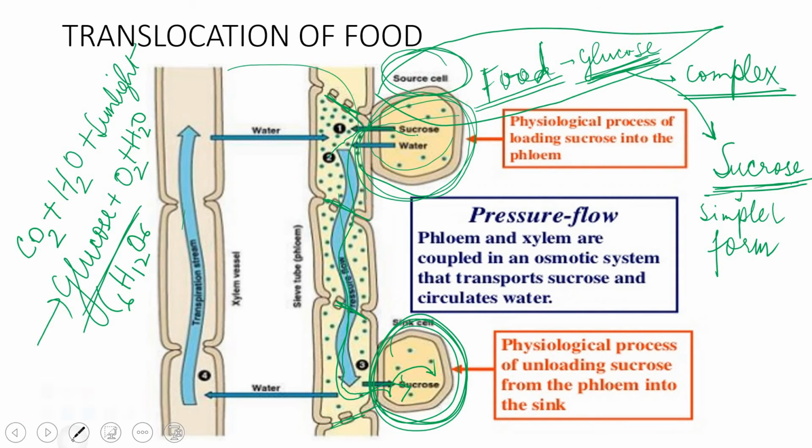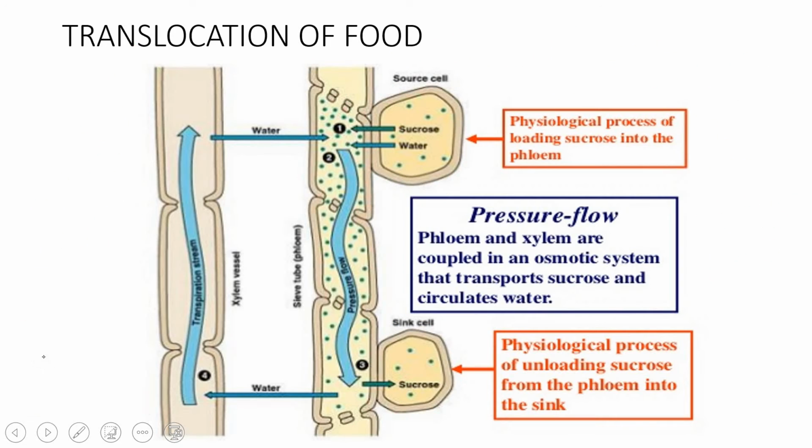Let me please erase all ink. So this is the source, from where the food is getting generated. From here the companion cells will help to collect the food and will help in loading and deloading here.